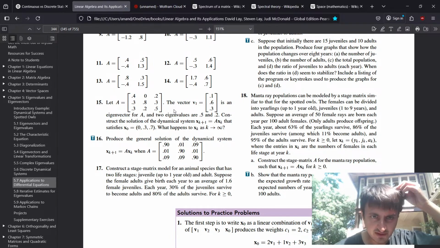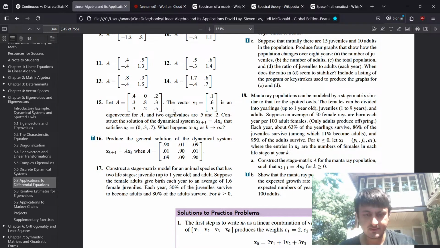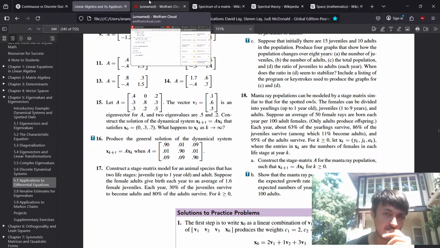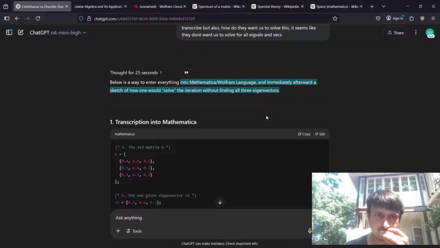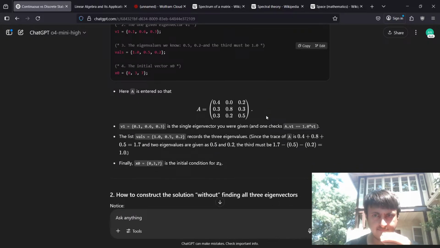Because, for instance, if you only get 2 eigenvalues, they didn't say that these are all of them. So it could be that there is a third, and that third could be greater than 1. So you can't say that it decays to 0. Okay, that's what I was thinking.